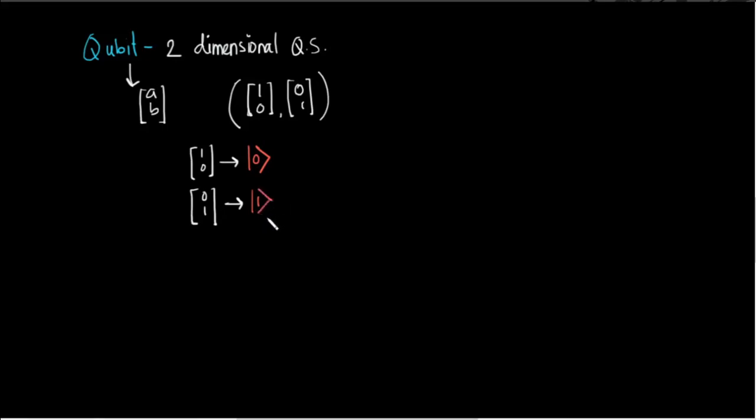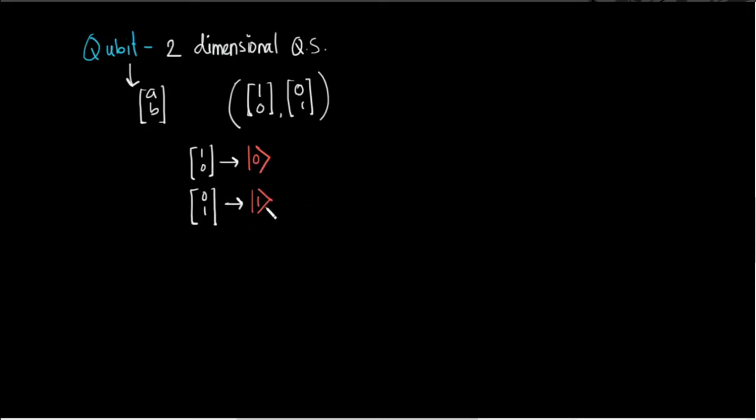This naming has been done in analogy with the states of a classical bit. A classical bit can be in the state 0 or in the state 1, and a quantum bit can be in the vector state 1 0 or the vector state 0 1.